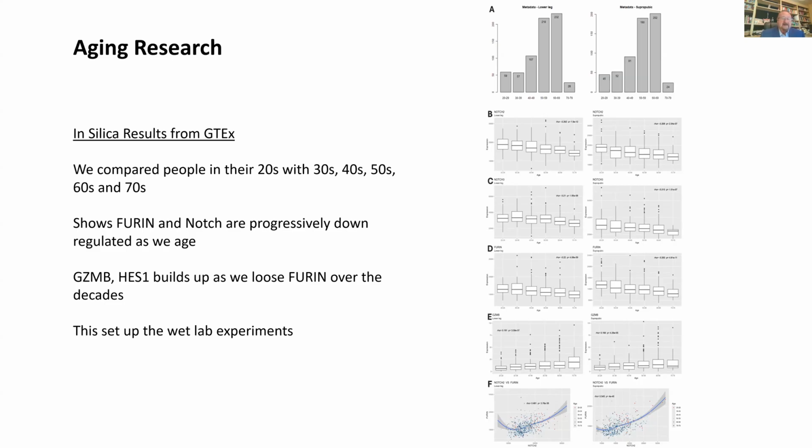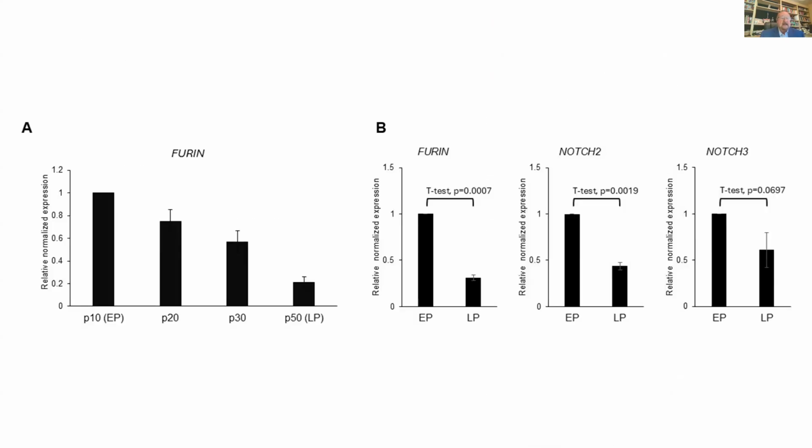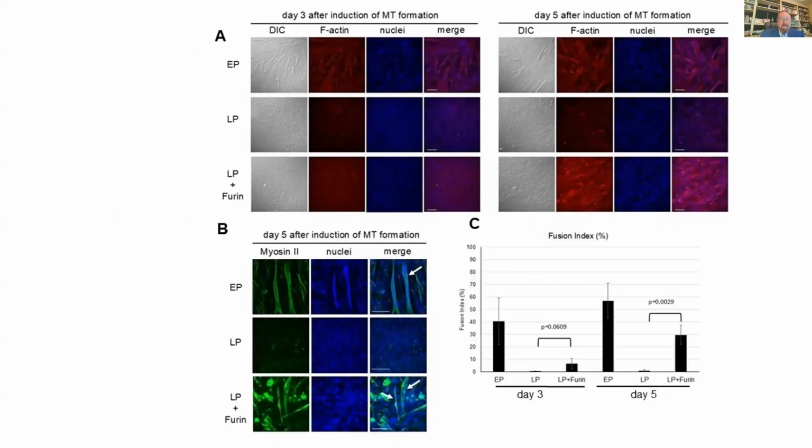And what you see is that this happens consistently across tissues, but this was done in skin cells, muscle cells, macrophages, and neurons. And then we went to the lab and we have younger cells here, and we look at older cells, and this is the amount of furin that was in them. And you can see that that and the Notch pathways, at least Notch 2 and Notch 3, were downregulated.